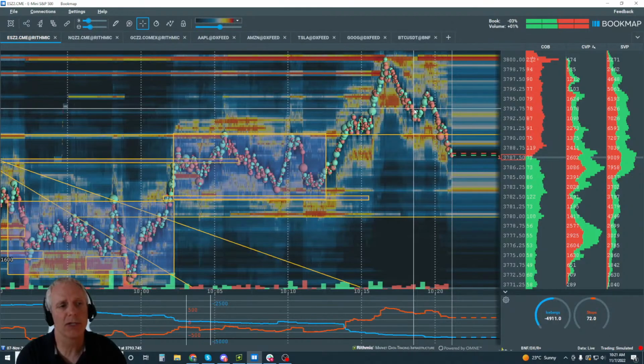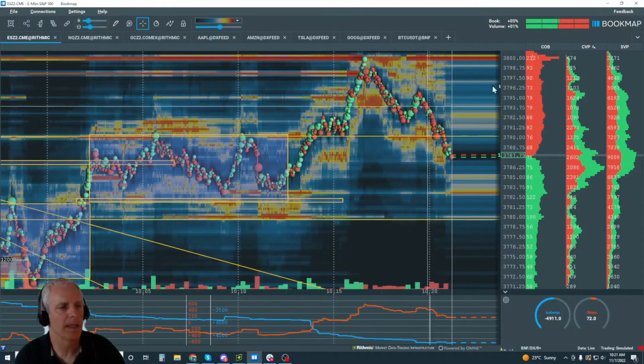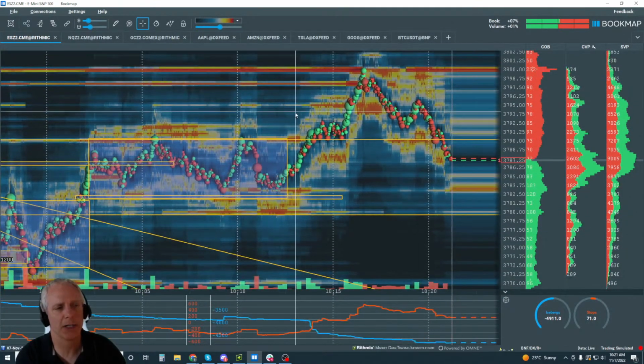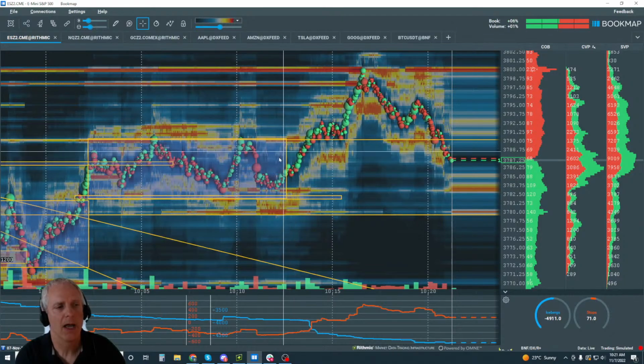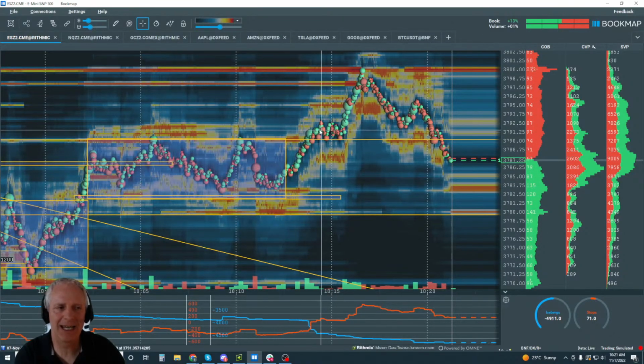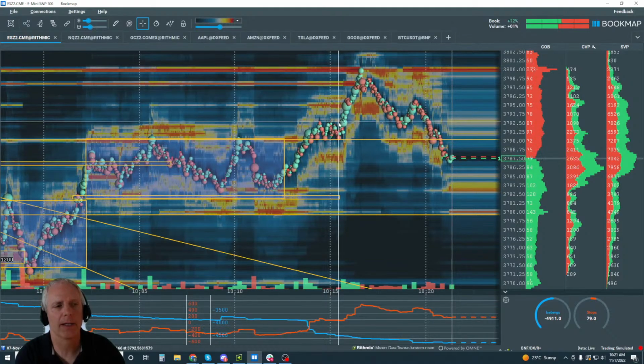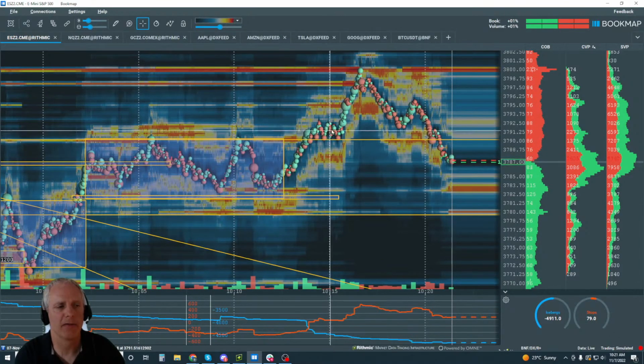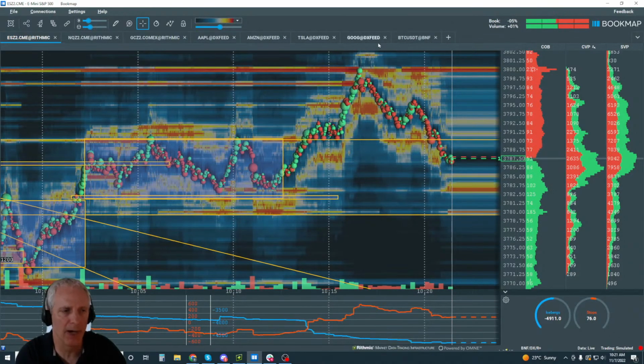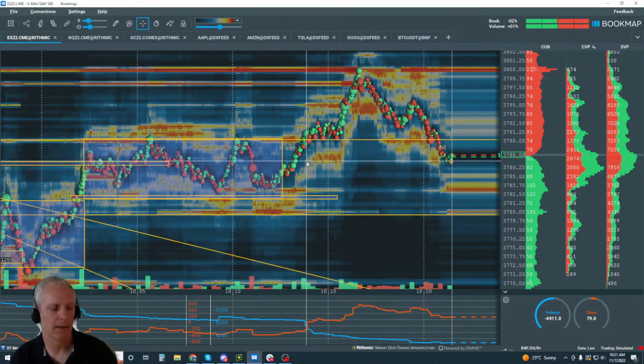Now let's go through this, because Rob, this is a good question. We read it in here and go, I don't know about this breakout. We're not so sure. In fact, we're looking for it maybe to fail here, come back down, and then break out. Well, this is what it did.